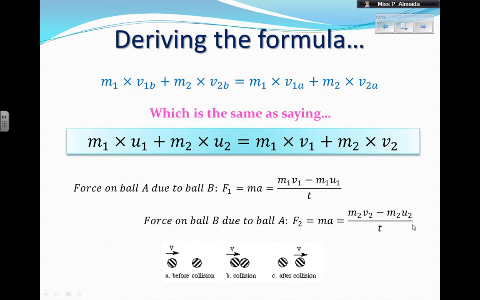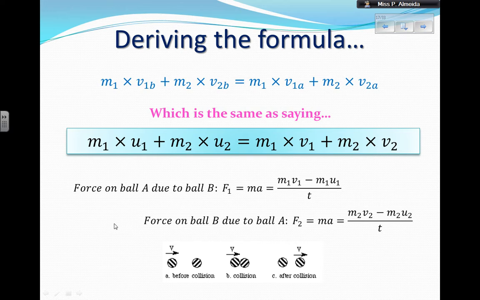Now this comes because you know that impulse or change in momentum equals the force times the time. Therefore the force will be the change of momentum over the time, and the change of momentum is the final minus the initial momentum. So I get m1 v1, final momentum, minus the initial momentum m1 u1, and then all divided by t, again because force equals change of momentum or impulse over time, okay?